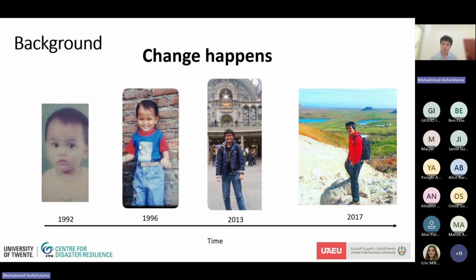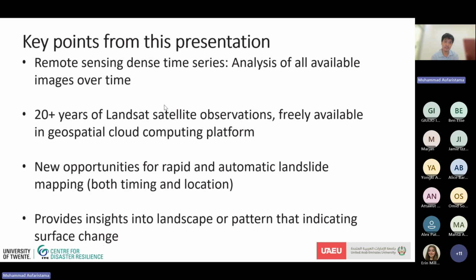I will not talk about myself, but the key points of this presentation are about remote sensing, especially dense time series for the analysis of all available images over time.